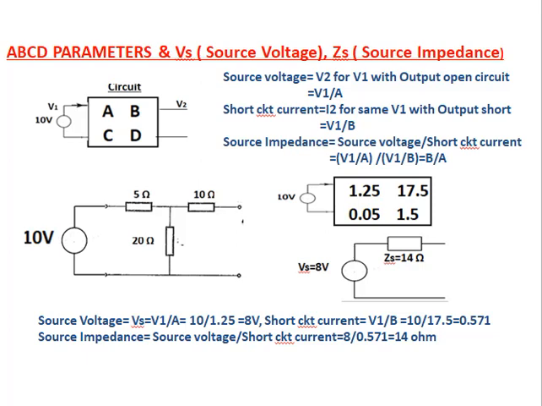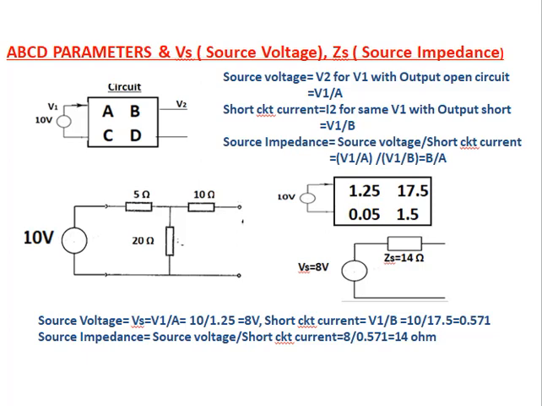Source voltage is equal to V2 for V1 with output open circuit, that is V1 by A. Short circuit current is I2 for the same V1 with the output short circuit, V1 by B. Source impedance is source voltage by short circuit current, V1 by A divided by V1 by B, that is equal to B by A. Suddenly it is very difficult to remember that one.